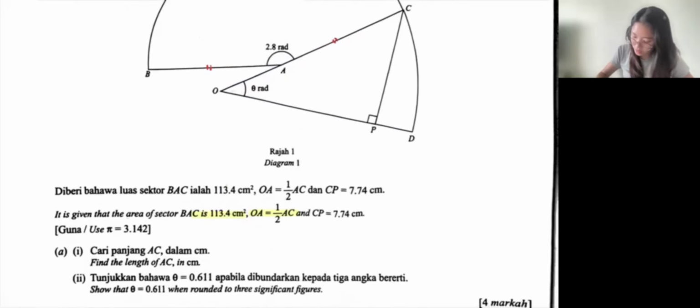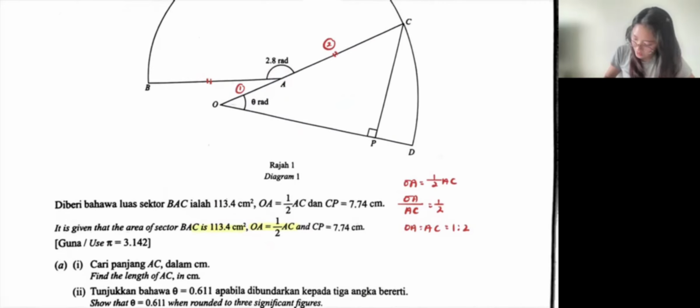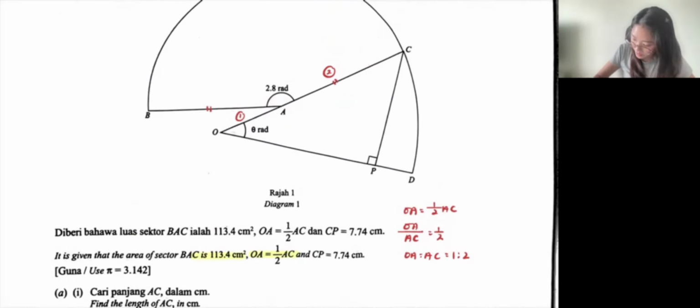If you don't understand this, you can change to ratio form to see it: letters one side, then change to ratio. So OA is 1 part, AC is 2 parts. Then CP, this line, is 7.74 cm.